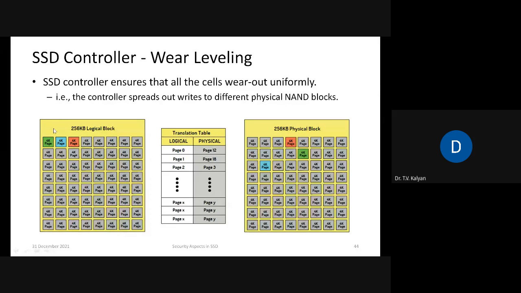In the first instance, let's say there are green, blue, and red pages here mapped to physical pages 0, 1, 2, but after some time they have been mapped to pages 4 and 12 probably, and 17 or 18, right? So this mapping is done by the SSD controller, and to track this mapping, it needs an FTL.